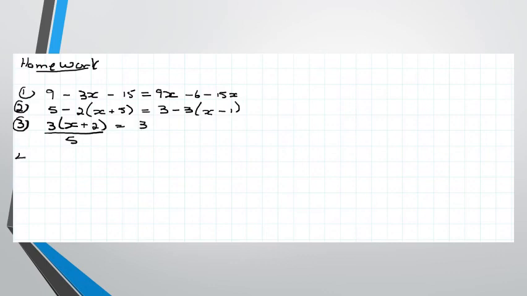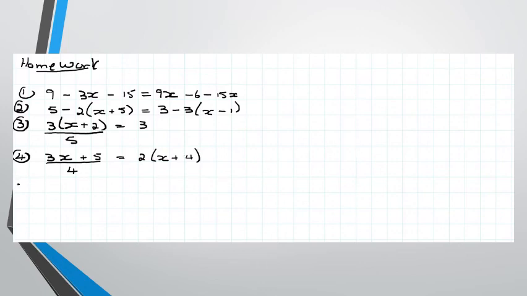Number 4: 3x plus 5, divided by 4, equals 2x plus 4.